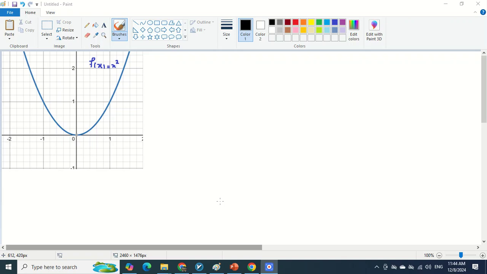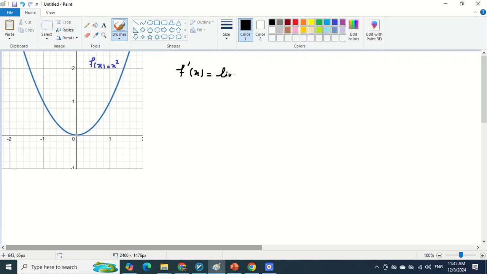It's not a bad idea to calculate the derivative of f of x equal to x squared, one simple polynomial function, a parabola, by using the definition of the derivative. If we want to calculate the derivative of this function, or f prime at the arbitrary point x, then we can use the formula that we have. Based on the formula, f prime is equal to the limit of some fraction.